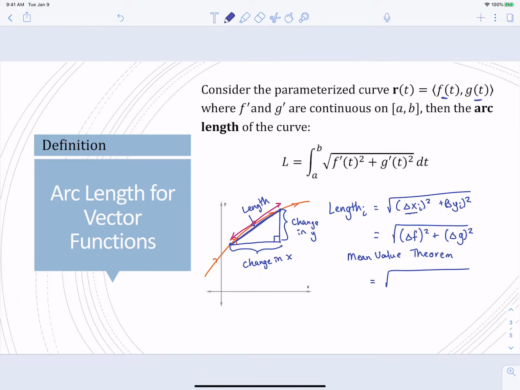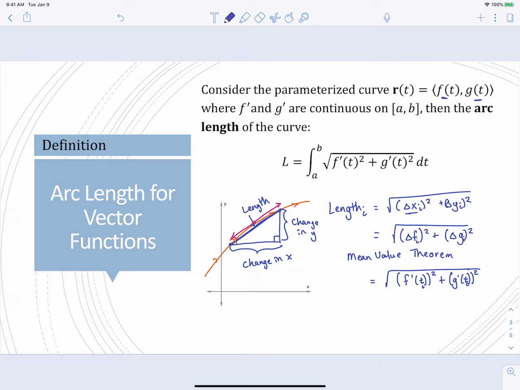And this leads us to being able to say, okay, this is the derivative of f at t squared plus the derivative of g at t squared. And again, these all could have a little sub i or a little star to talk about it as that point in that interval. Actually, instead of being on the f and the g, they would likely be on the t there.